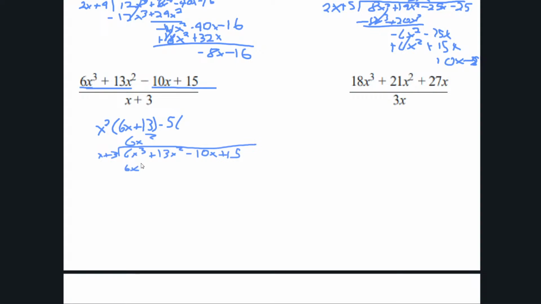So this is 6x cubed plus 18x squared. Subtract, subtract, cancel. This becomes negative 5x squared minus 10x. To get it to this, we need to multiply by negative 5x. Negative 5x squared minus 15x. Turn this into addition. This cancels. This becomes positive 5x plus 15.